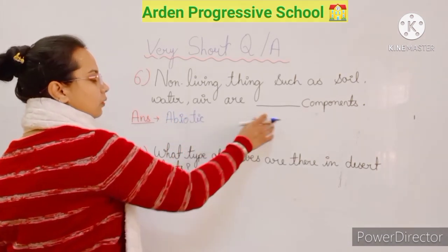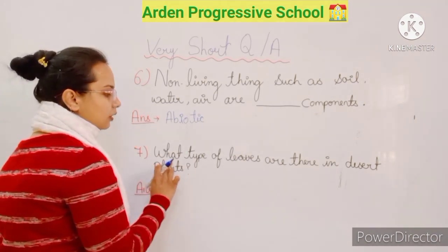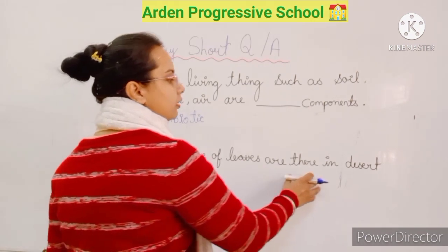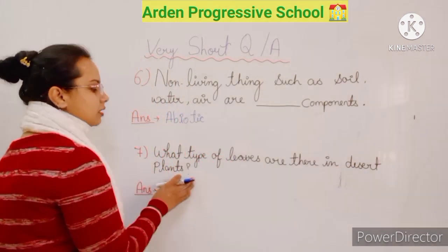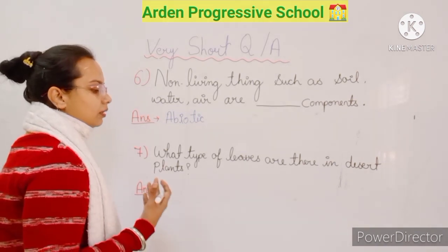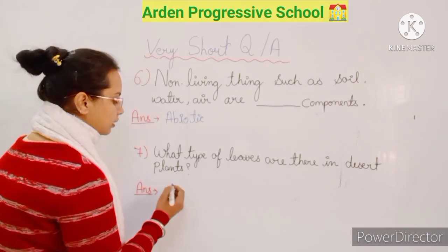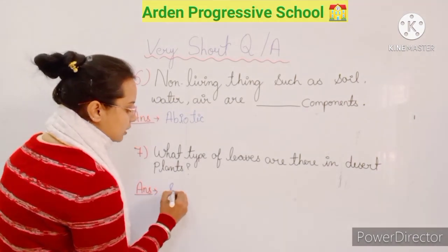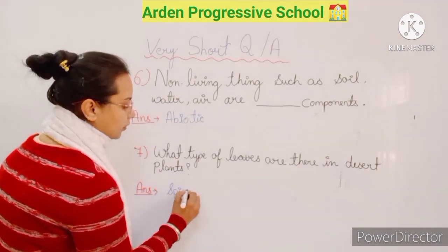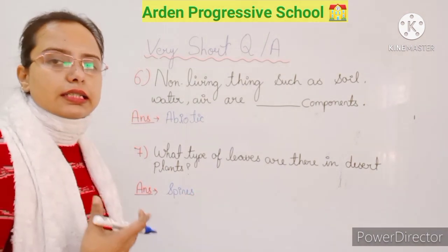Now the next is question number 7, that is what type of leaves are there in desert plants? Most of the time the leaves are absent, but if leaves are present, then they are of spine shape. So the leaves are of spine shape in the desert.